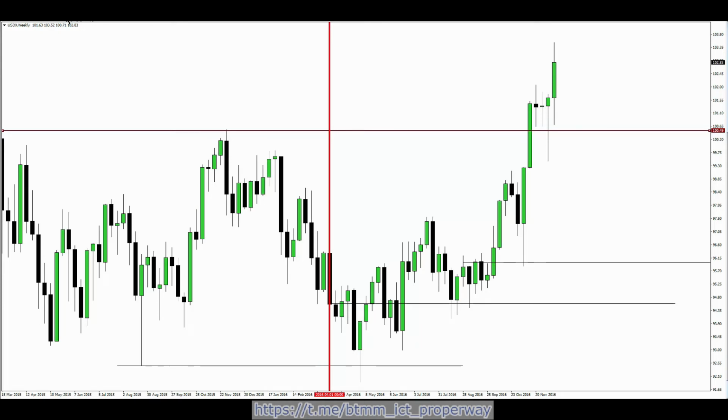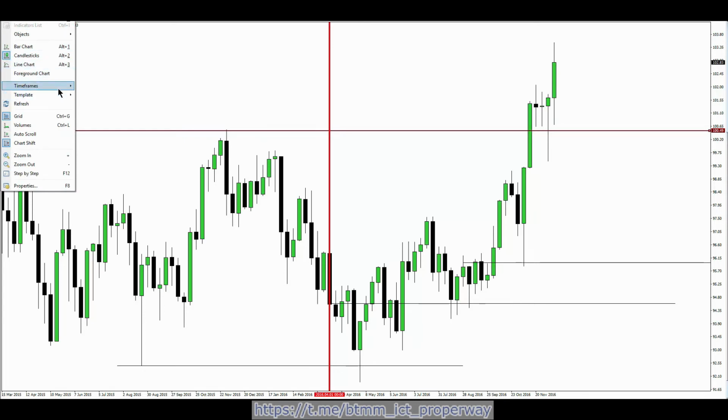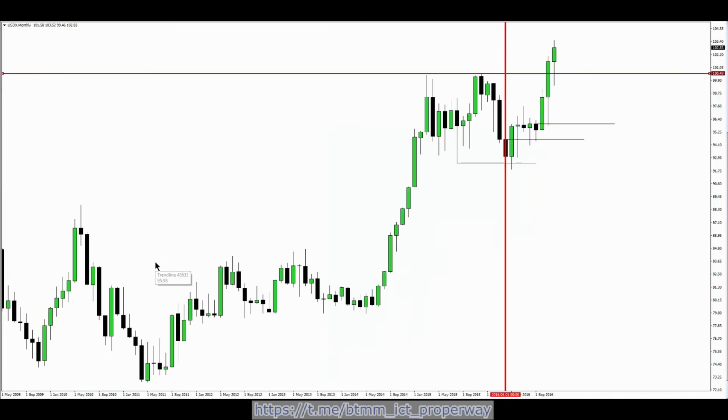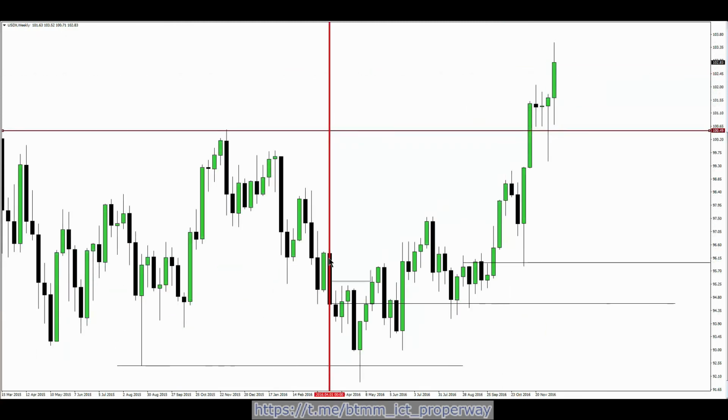We're going back out to a monthly chart. That's this level here. So in May, price validated that order block in May. Okay, so we're going to move over into May.